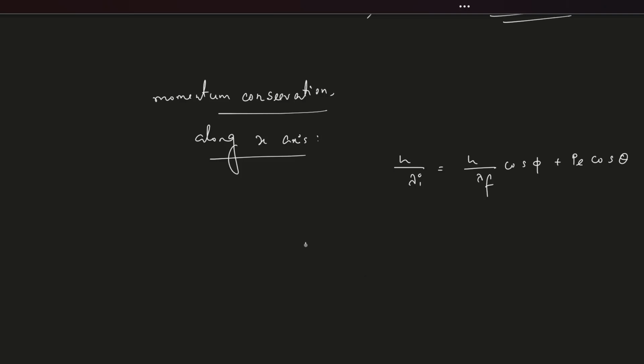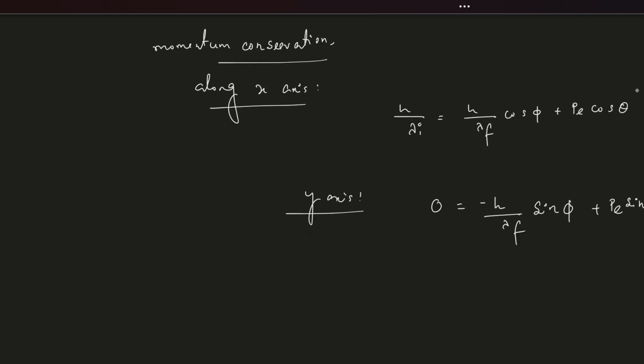And for the y-axis direction, if you compare, initially the y-axis has 0 momentum contribution, and after the collision it has h by lambda f sin phi plus p sin theta. Let's call these two Roman 1 and Roman 2.